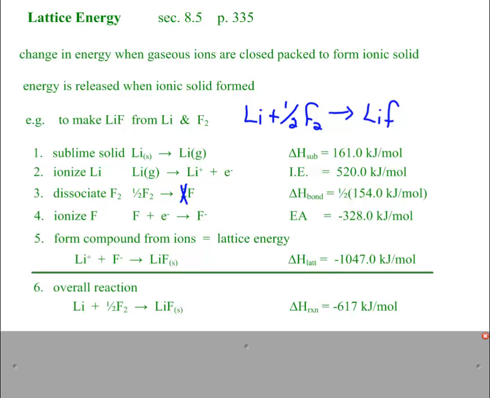So the heat of the reaction is exothermic, it's negative 617 kilojoules per mole. Usually we're asked to either find the energy of the overall reaction, as we did in this example, or you're given steps 1, 2, 3, 4, and you're given the overall heat of the reaction, which is part 6, and you're asked to work backwards and find the lattice energy, which is essentially the value in step 5 that we did.